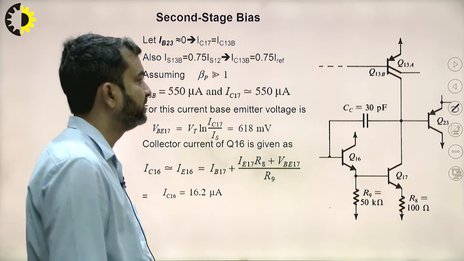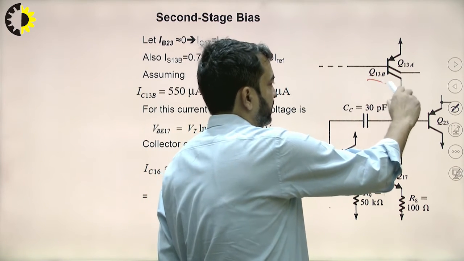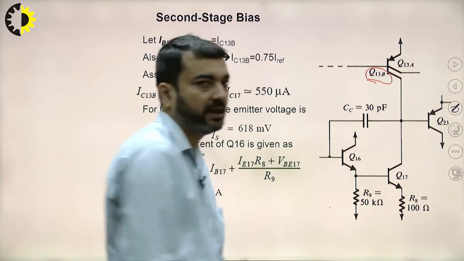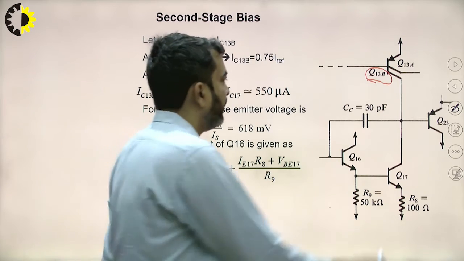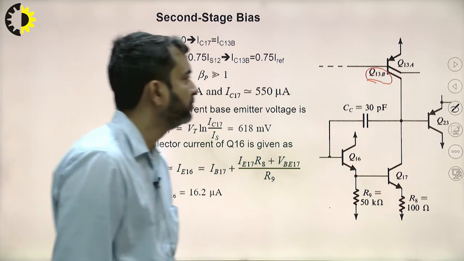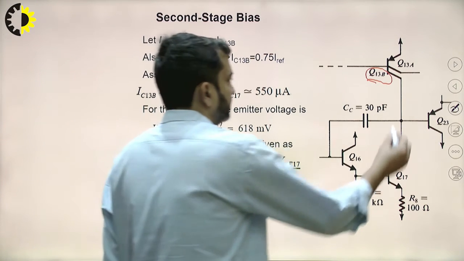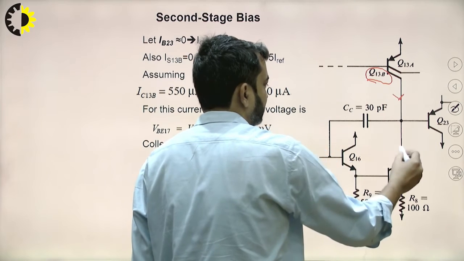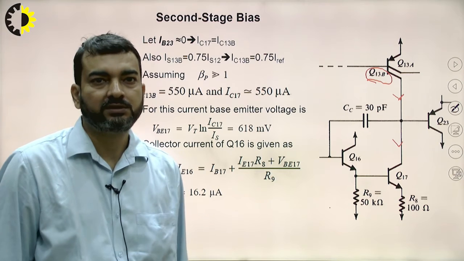Now coming to the second stage. In the second stage, again assuming high beta, terminal B of transistor Q13 is biasing the gain stage transistors Q16 and Q17. Assuming high beta, the collector current of this transistor will be the same as the collector current of transistor Q17.